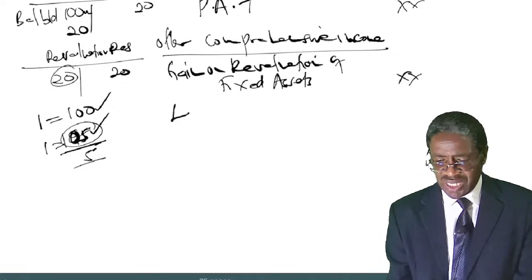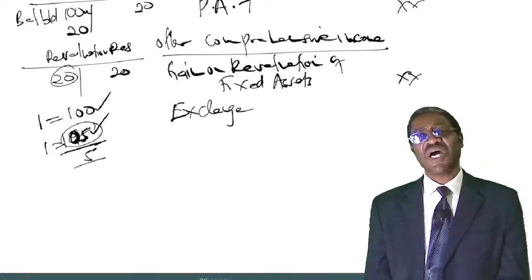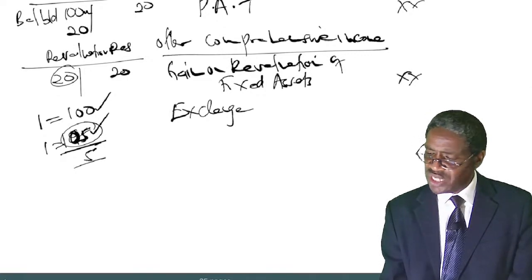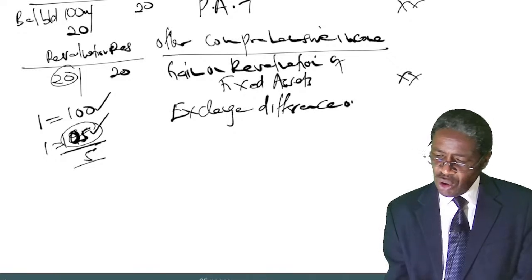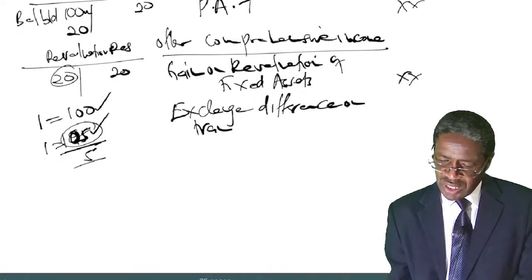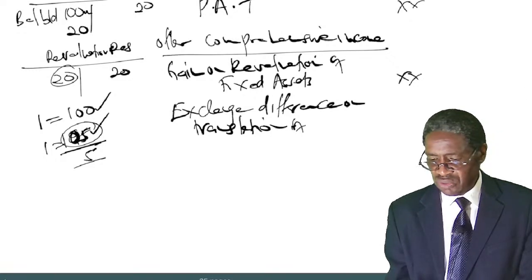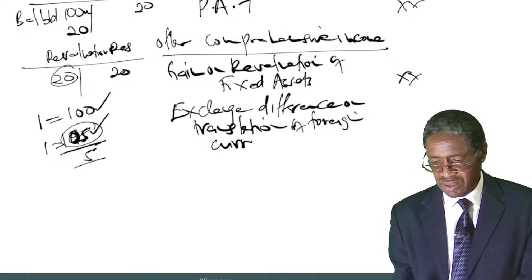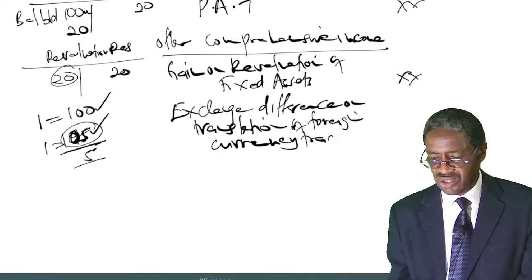So another transaction that can be classified as part of other comprehensive income is what we call exchange difference on translation of foreign currency transactions.